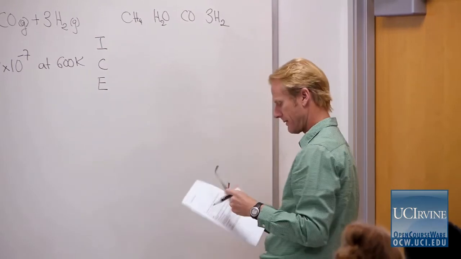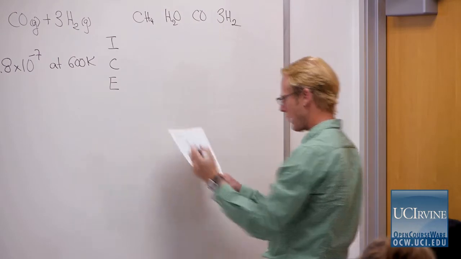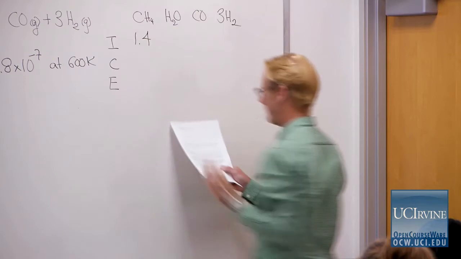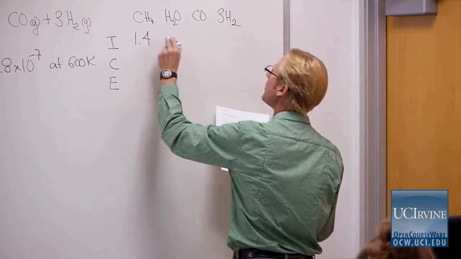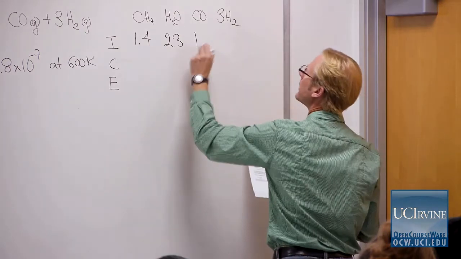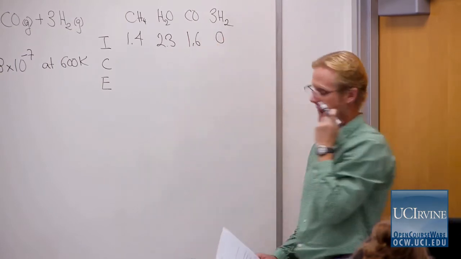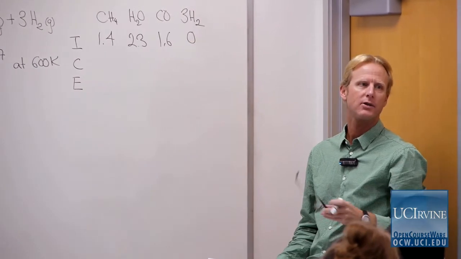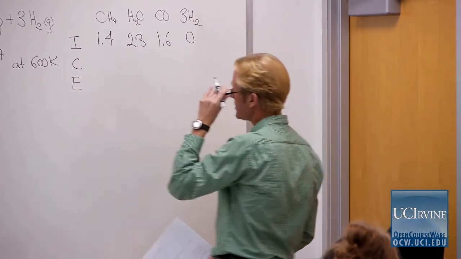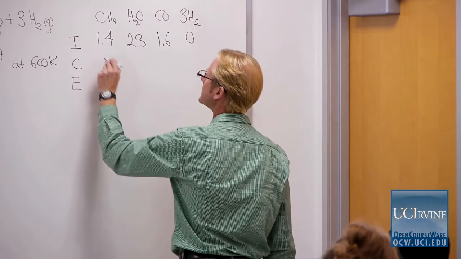All right, so the case we're going to consider here is we start out with 1.4 atmospheres of methane, 2.3 atmospheres of steam, 1.6 atmospheres of CO, and no hydrogen. And what we're going to want to know is what's the pressures of all the gases at equilibrium. Okay? Now, the change we can express in terms of an unknown, which I'll call x.